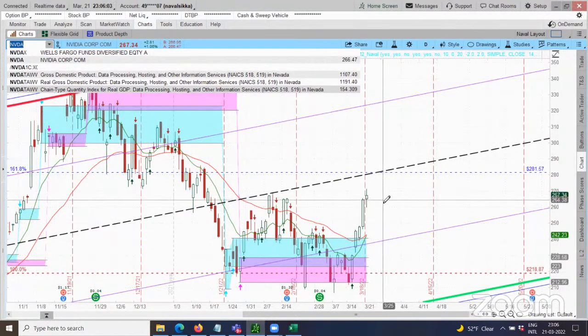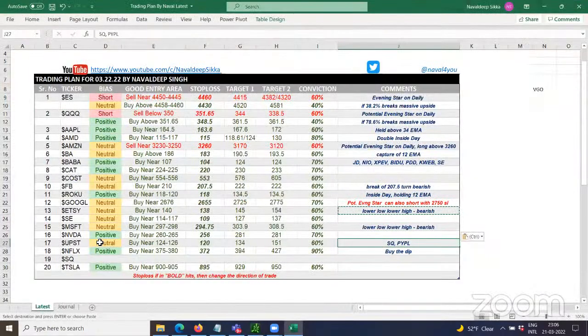So tomorrow if you get an opportunity to add around 260, 265 on Nvidia, like today it gave opportunity around 260 and went on to make 271. I think that's a fair assessment for Nvidia to go in the same direction. I have a target of 281 on Nvidia.